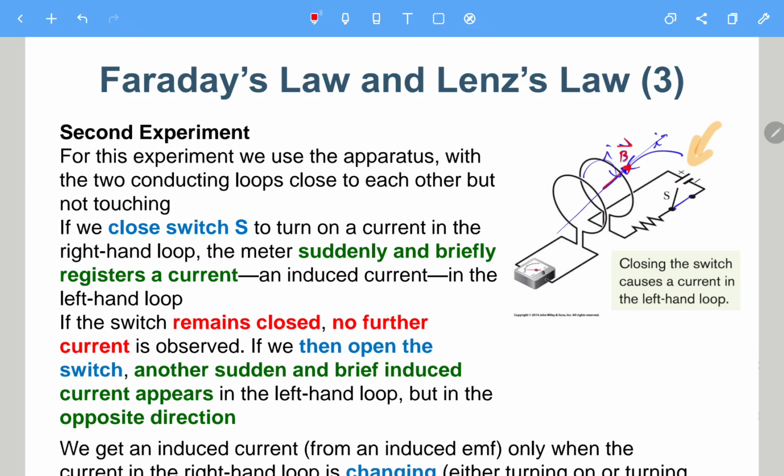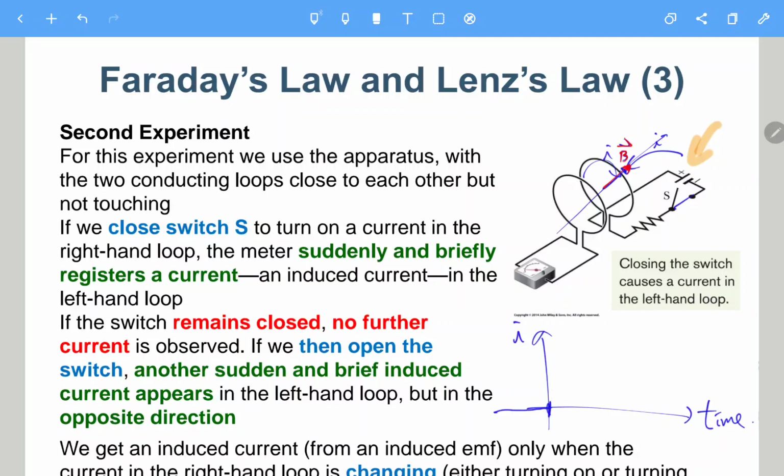It is like this, for example, this is the current and this is the time. Originally there is no current, and if I switch it on at this moment, there will be a current going up and then disappear.